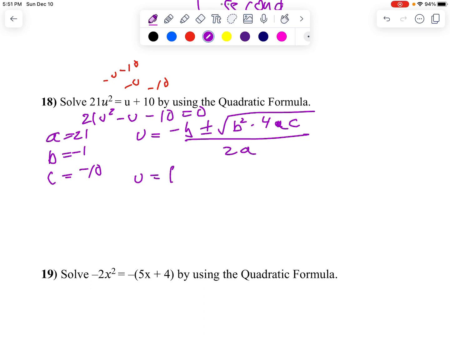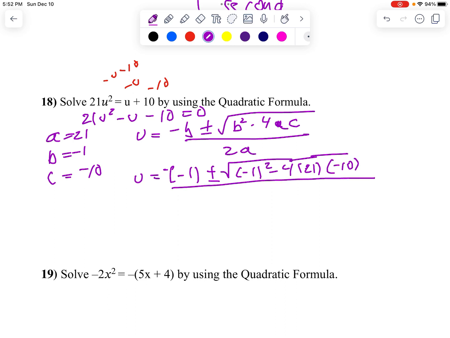So the opposite of negative 1 plus or minus negative 1 squared minus 4 times a, which is 21, times c, which is negative 10. That's going to be all over 2 times a, which is 21. Whoa, big numbers. So u equals 1 plus or minus 1.